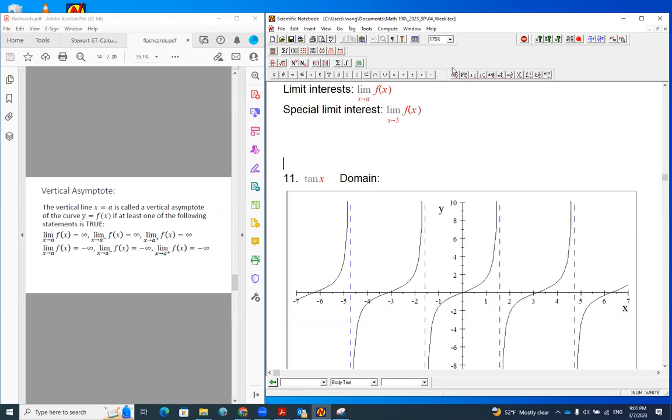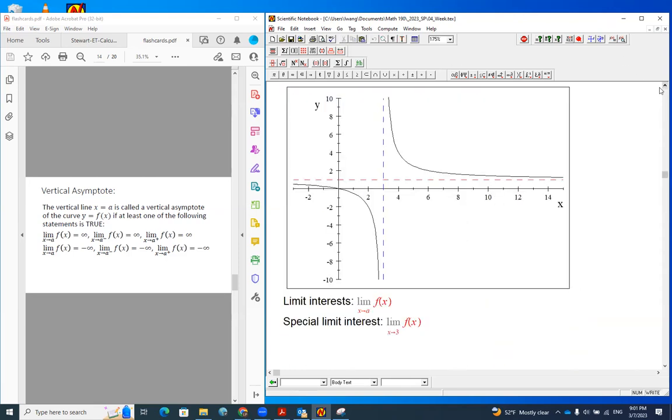And the common narrative would be the limit from the left, which is 3 raised to the power, you put a negative sign on the shoulder, when x is approaching 3 from smaller than 3. In that case, the function approaches negative infinity. So this limit is negative infinity.